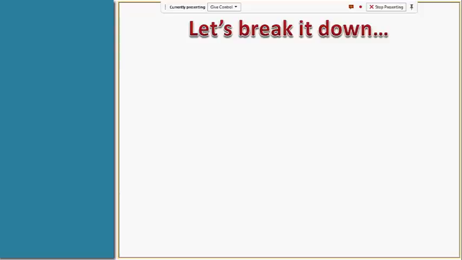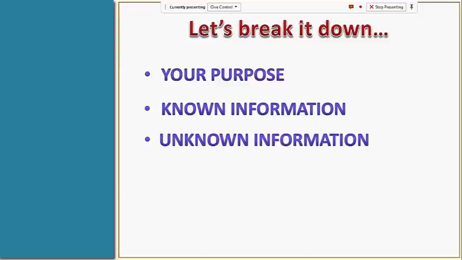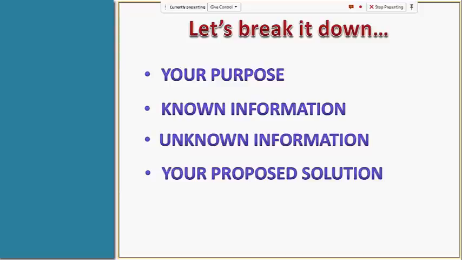A typical pattern that I see a lot of introductions follow, the beginning of a proposal, is they have a statement of purpose, known information, unknown information, and your proposed solution. Not necessarily in that order.